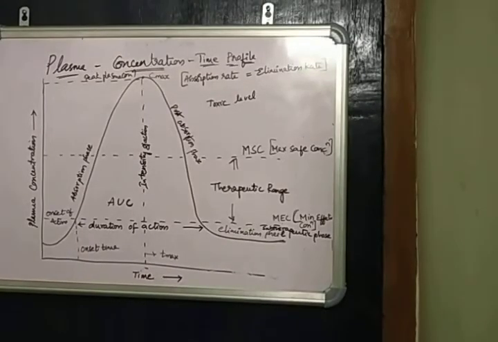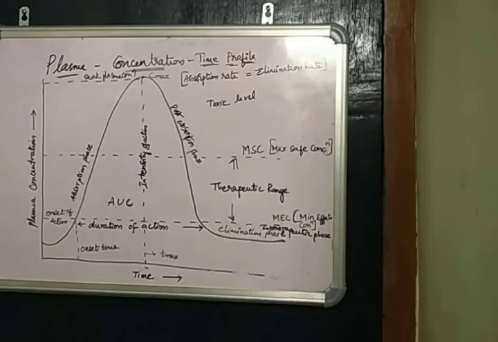Okay, in this plasma concentration time profile, a direct relationship exists between the concentration of a drug at the site of action and the concentration of the drug in plasma. Okay, there exists a direct relationship, meaning the concentration of a drug in the biophase, nothing but the site of action, and the concentration of the drug in plasma.